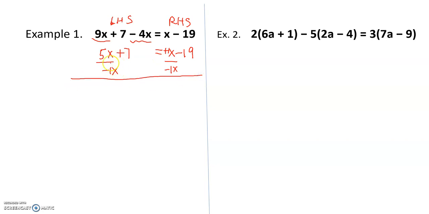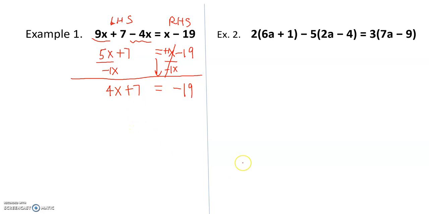As long as you subtract exactly the same thing from the left and right, this equal sign will still hold. All right, so now 1x minus 1x, they cancel. On the right-hand side, we bring down that negative 19. On the left-hand side, 5x minus 1x, we combine them to get 4x. And that plus 7, we bring it down.